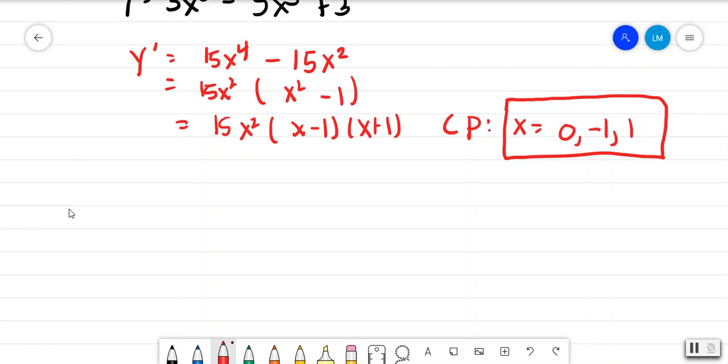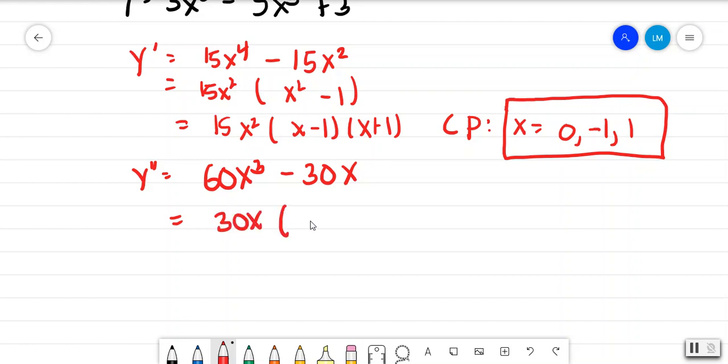When I move on to the next derivative, my goal is to take the second derivative, and I have 60x cubed minus 30x. Notice that I can take out 30x, and I get 2x squared minus 1.